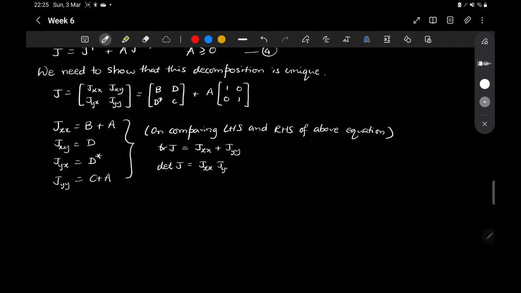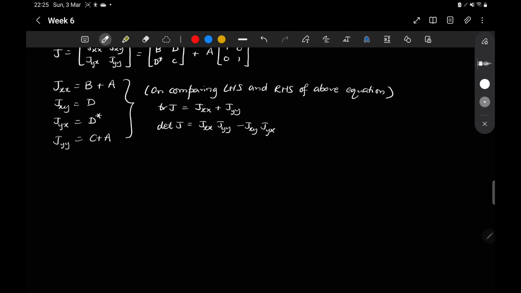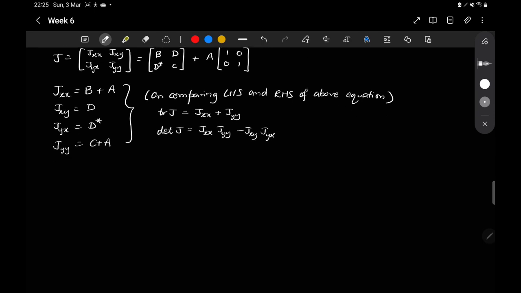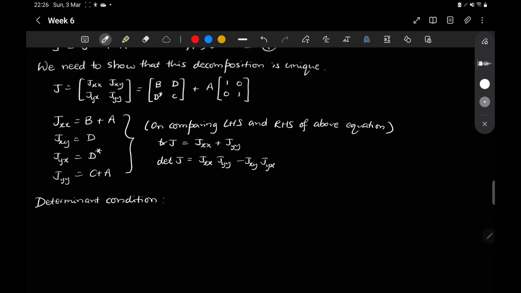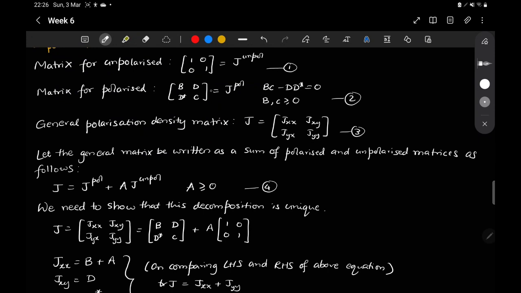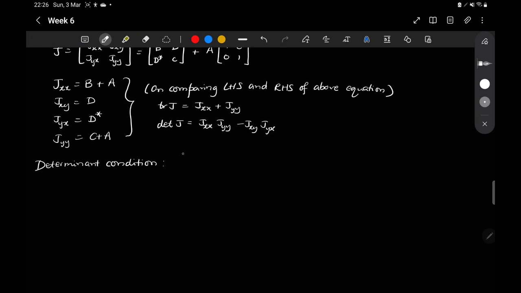And this is the determinant. So the determinant condition that we wrote over here for this polarized part, let us look at that now.